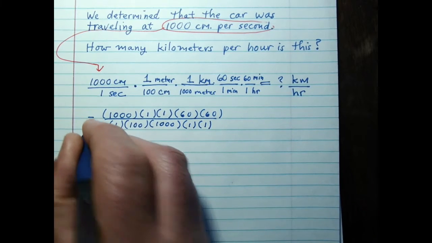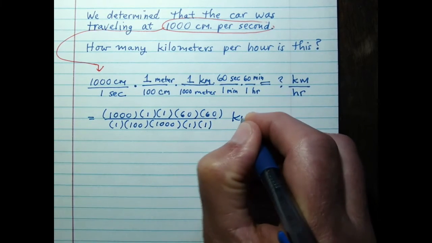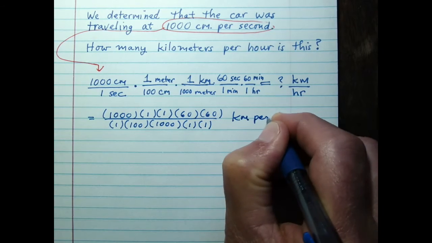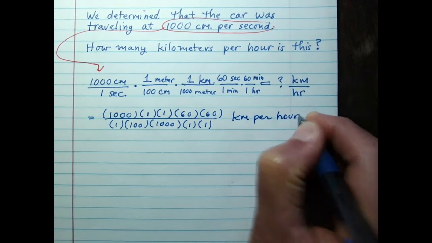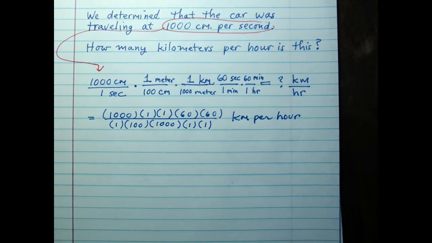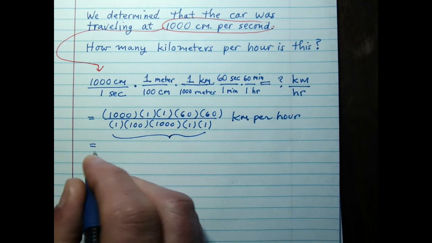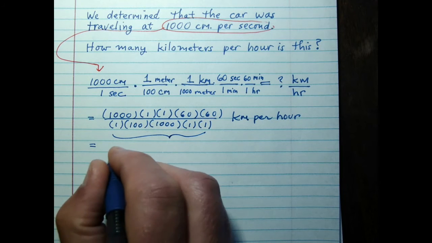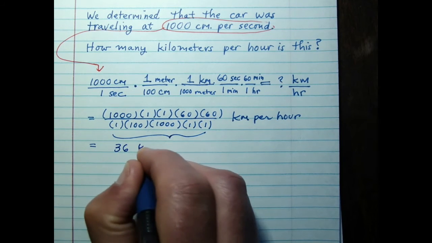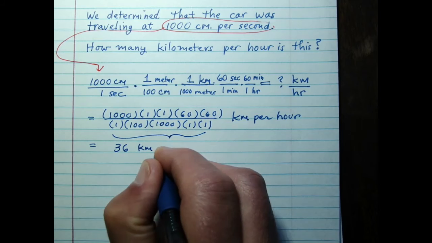That's going to give me this answer in kilometers per hour. And I'll let you check the arithmetic there. I think this will all come out to be 36 kilometers per hour.